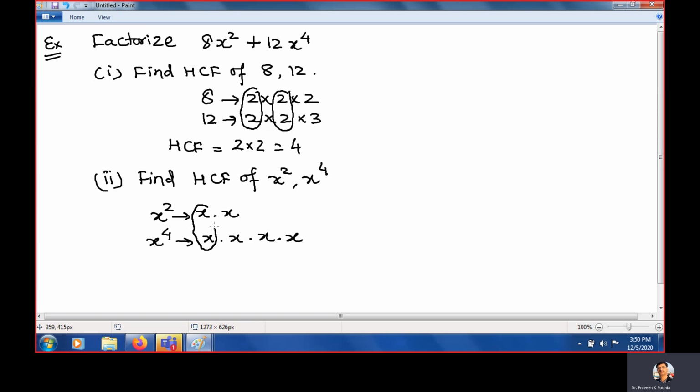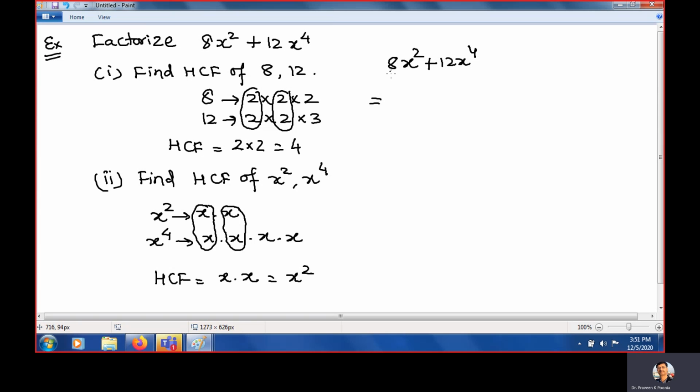Here this is a common term and this is a common term. So what is the HCF? The HCF is the multiplication of common terms, x into x, and that is x power 2. This is the HCF.